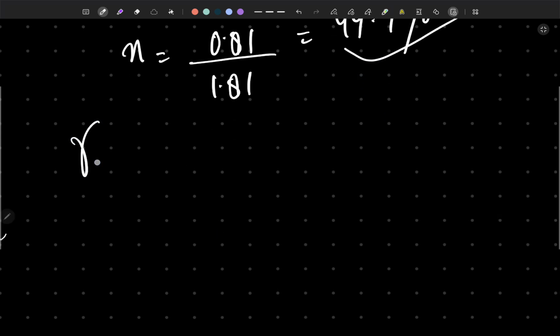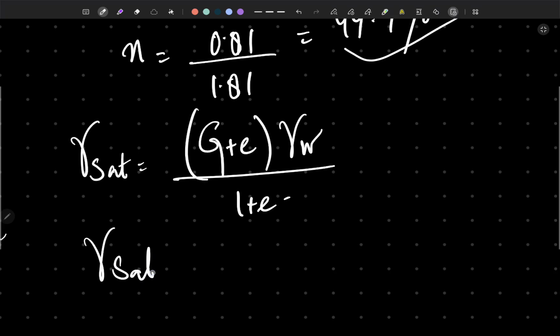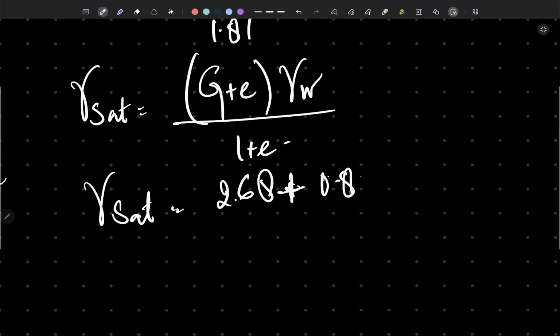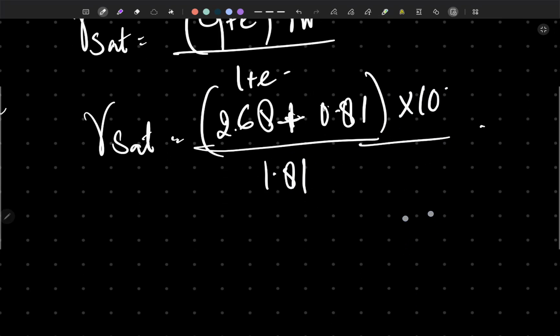Saturated unit weight is (G plus E) times the unit weight of water, divided by 1 plus E. Saturated unit weight is 2.68 as per the data, E we found out 0.81, divided by 1.81. Unit weight of water is 10 kilonewton per cubic meter.